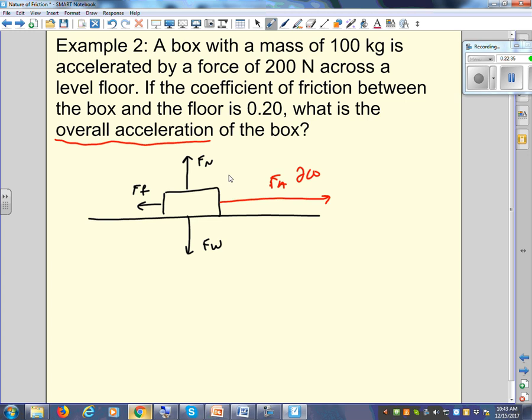I have to find the overall acceleration. What do I need to know before I can get the overall acceleration? I know the mass. I need to find the net force. Before that, I've got to find the friction. You can almost always begin these by finding the weight force, Fw, mass times gravity. 100 times minus 9.8 is minus 980 newtons, the weight force.